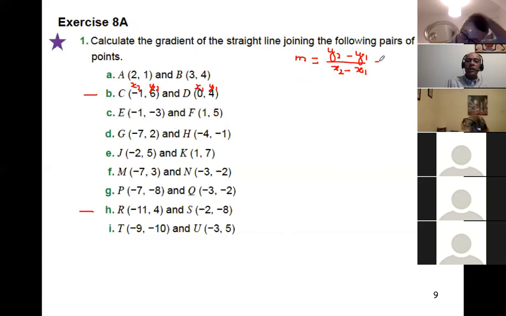So my first one here would be 6 minus 4 divided by negative 1 minus 0, so it's just negative 1.